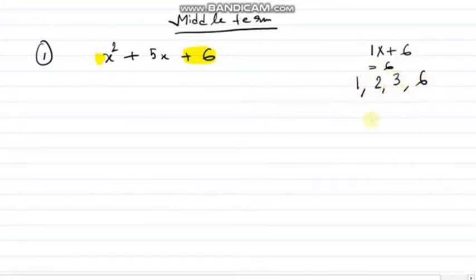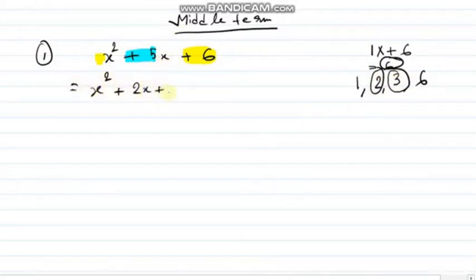We have to take any two numbers such that their product is this 6 and their sum is this plus 5. So clearly you can see here, if I take 2 and 3, it will be 5. So can we write this as x square plus 2x plus 3x plus 6.